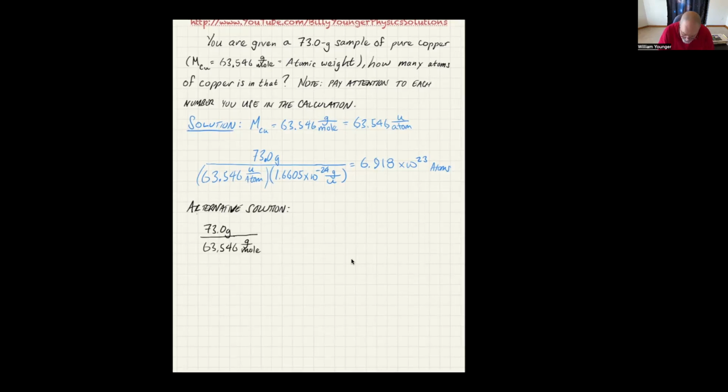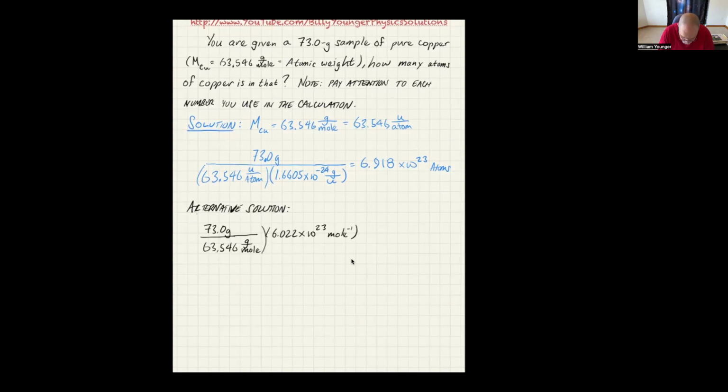And then since a mole is made up of Avogadro's number of atoms, all I have to do is multiply that by Avogadro's number, which for me, it'd be close enough to say 6.022 times 10 to the 23rd reciprocal moles. That's the units of Avogadro's number.